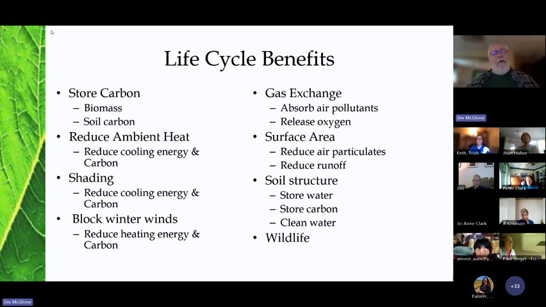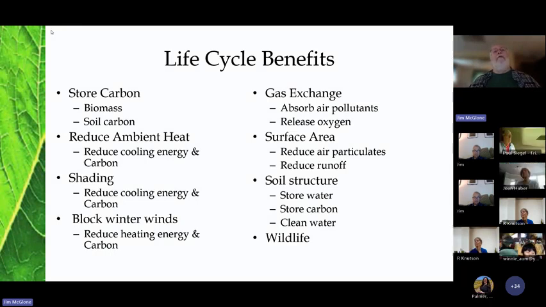In the case of the mycorrhizal fungi, they're helping to absorb water and nutrients, but they're also helping to protect the root system from pathogens. Another part of what trees do is they release a lot of water vapor into the air through a process we call transpiration. This leads to evaporative cooling, which can reduce the ambient heat and reduce the amount of energy we use to cool our homes.